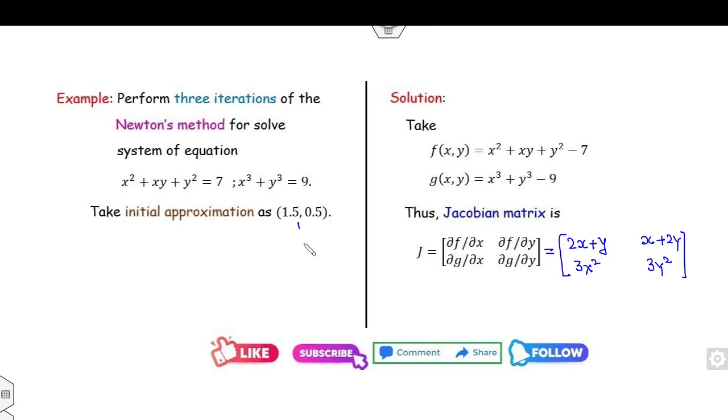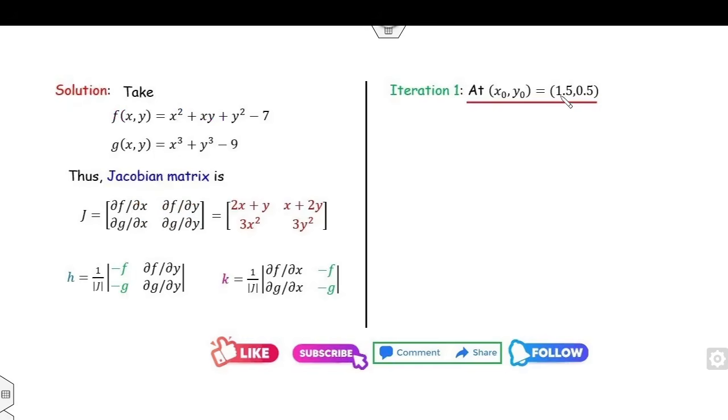Fine. Initial points are given to you, but how many decimal places they are asking is not given. So if you want the answer up to 3 decimal places, that means you have to do the calculation up to 5 decimal places. So now you can calculate the value of f up to 5 decimal places.